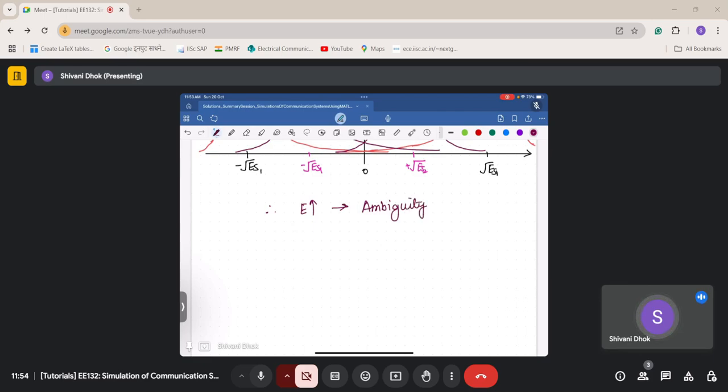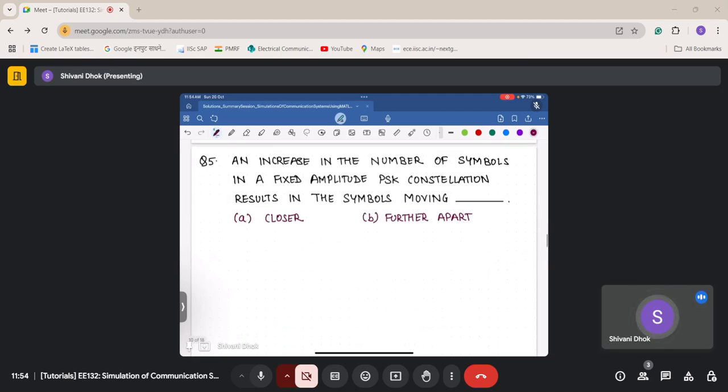We saw this through simulations also. Is it clear? Any questions? Okay. If there are no questions, I'll move on to the next question then.